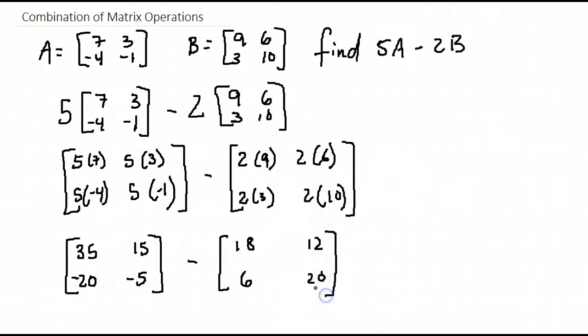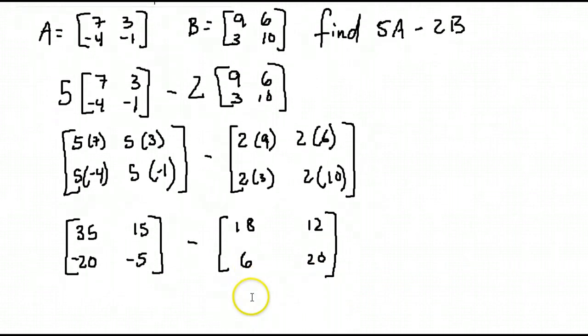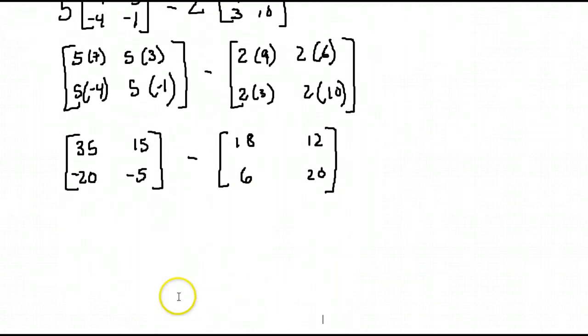So now we have two matrices. And it's asking us to subtract these. So again, we write it open matrix, take the corresponding elements and subtract them. So first we'll set that up. So the top row is 35 in the first matrix and 18 in the second. So that becomes 35 minus 18.